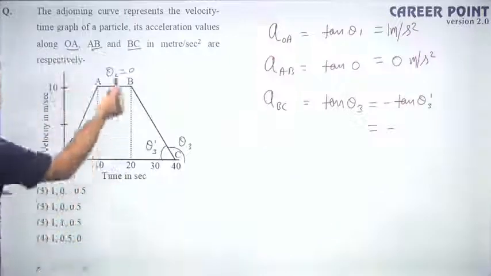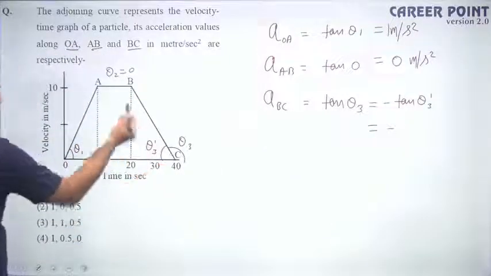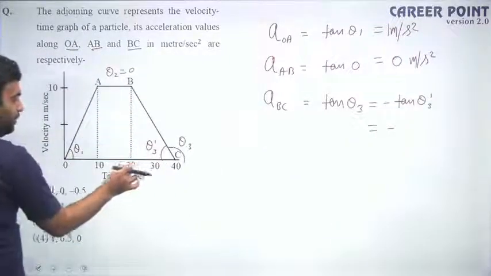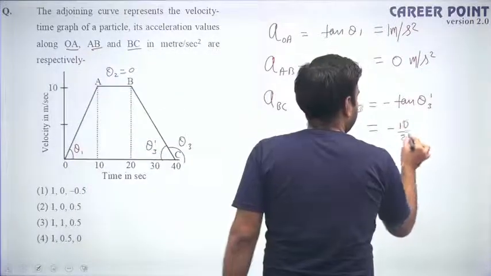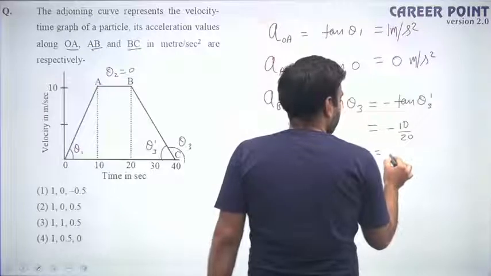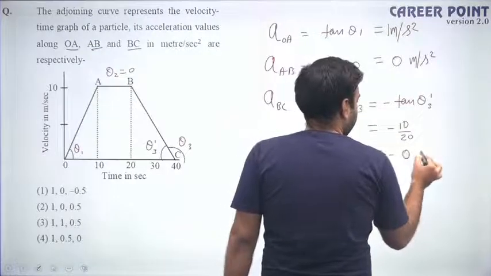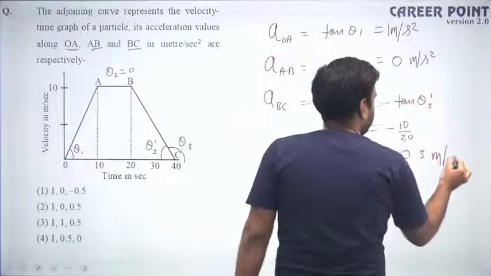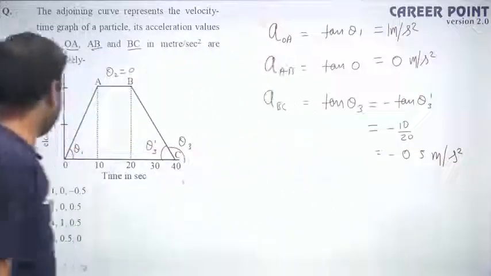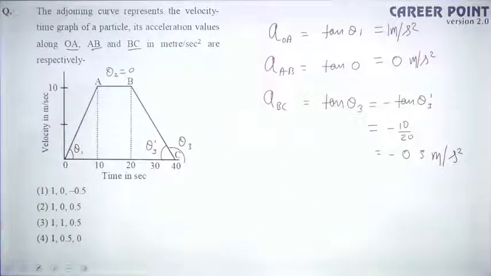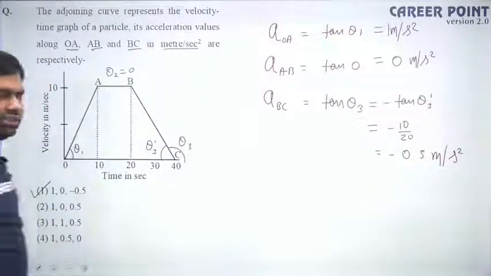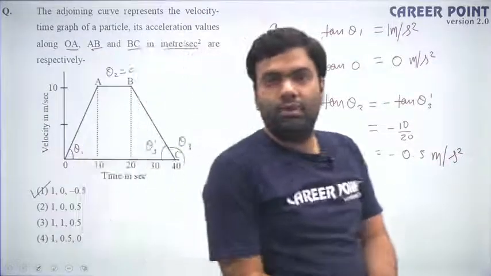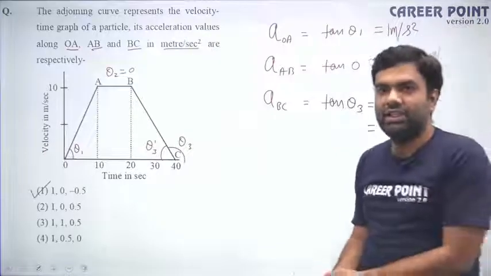What is tan theta 3? It is perpendicular by base, that is 10 by 40 minus 20, which is 20. So negative of 10 by 20 is equal to minus 0.5 meter per second square. So accelerations are 1, 0 and minus 0.5 meter per second square. Answer is option 1. Is it clear to all of you?